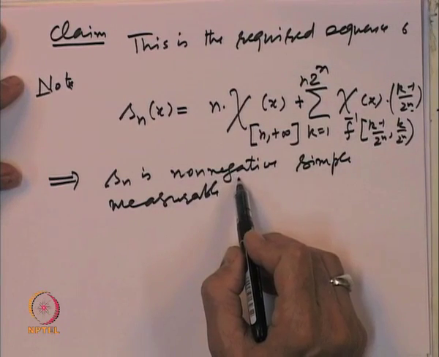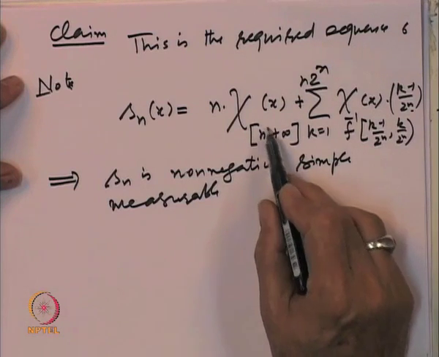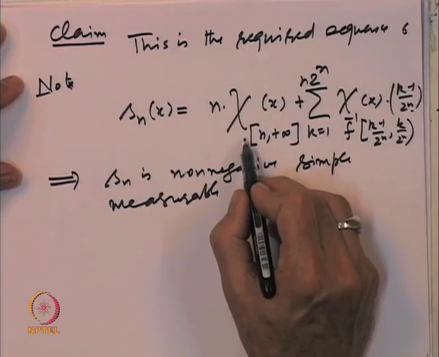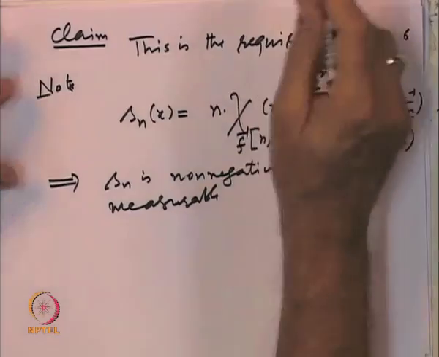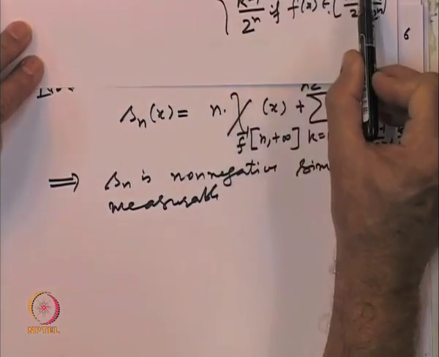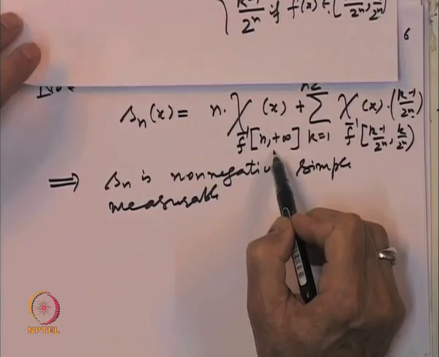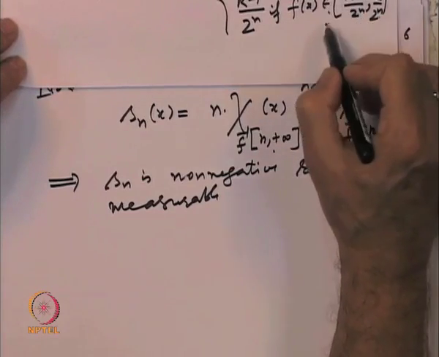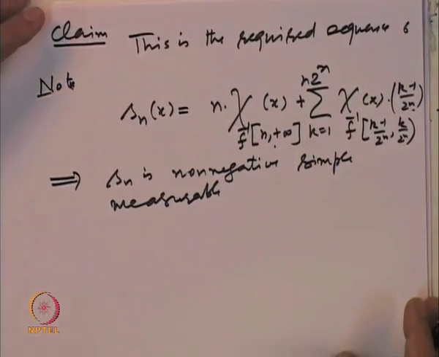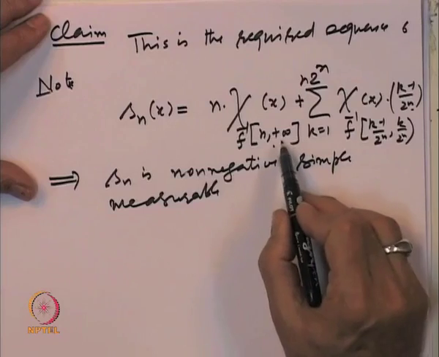So, this is a non-negative function and it is a finite linear combination of characteristic functions of, this is not n to infinity, this is f inverse, right. So, let me just be careful. It is n if f of x belongs to this, that means x belongs to f inverse of n to plus infinity, and f of x belongs to this interval means x belongs to f inverse of this interval. So, that proves that S n is a simple function.